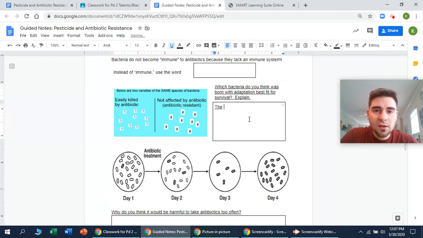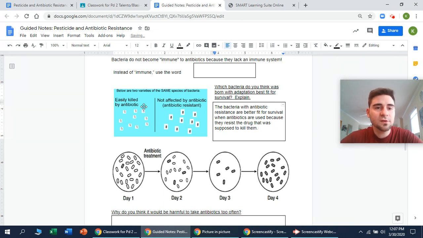The bacteria with antibiotic resistance are better fit for survival when antibiotics are used because they resist the drug that was supposed to kill them.